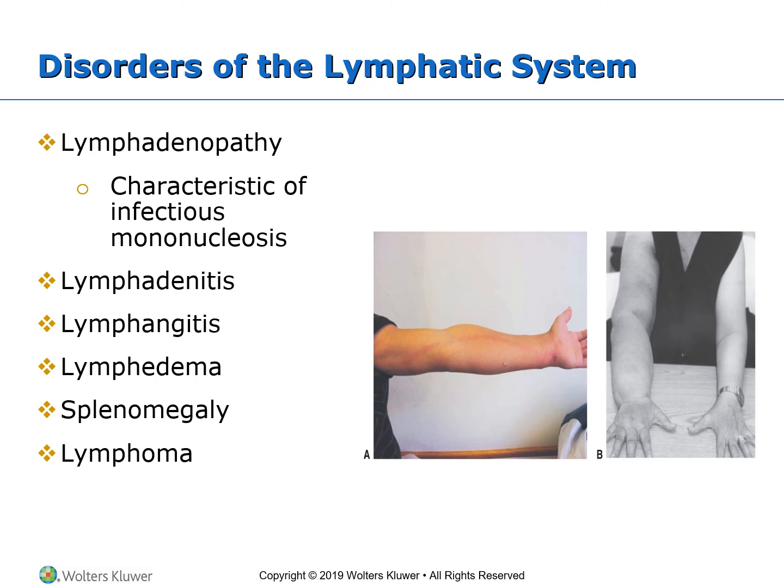Usually it's a result of the body trying to overcome an infection. Usually lymphadenitis is localized. We see cervical lymphadenitis in typical upper respiratory infections. We can see it also in strep throat, in measles, in conditions such as scarlet fever or diphtheria.